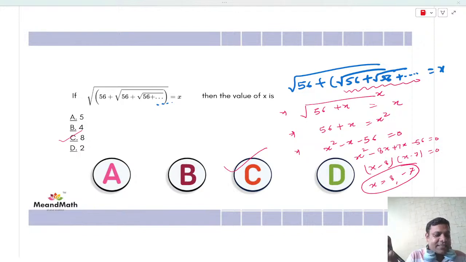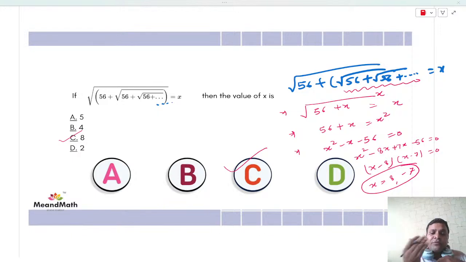This sequence is going up to infinity and the same sequence is repeating. So whenever the same sequence is repeating, we always try to do substitution. I substitute the repeating sequence with x, because the value of the whole repeating sequence is x. So the infinite series converts into a normal series. Now one side is a square root and the other side is normal.